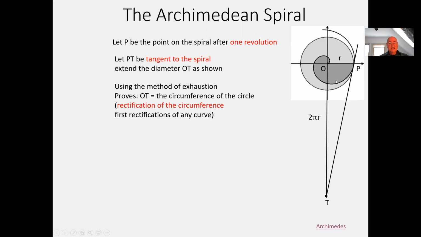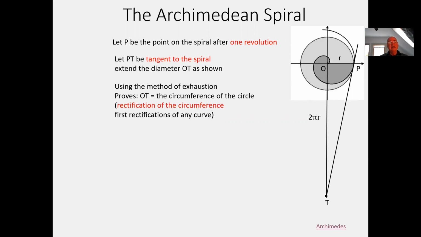And he shows that this line is exactly the circumference of the circle. He shows that this straight line is the length of the circumference. And this is a rectification of a curve. Yes, it is the simplest curve of all.